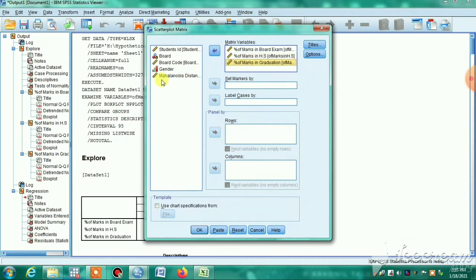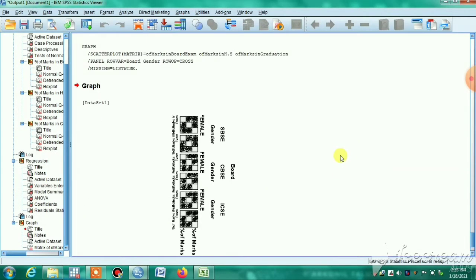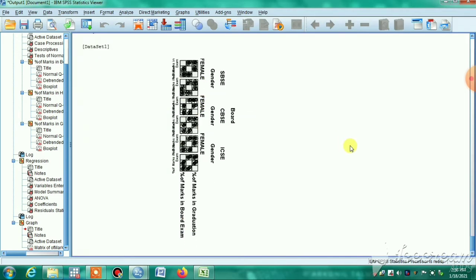In the rows we put the independent variables, board code and gender. The graphs show, for the most part, a pattern from the left corner to the right corner. So the scatter points show the pattern from left to right, which shows linearity, multivariate linearity.